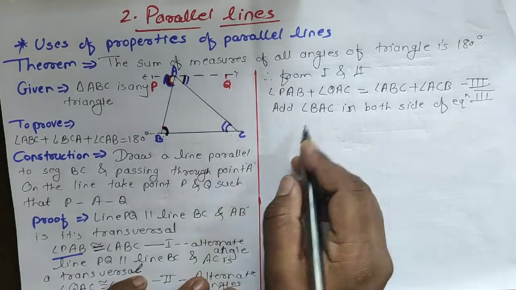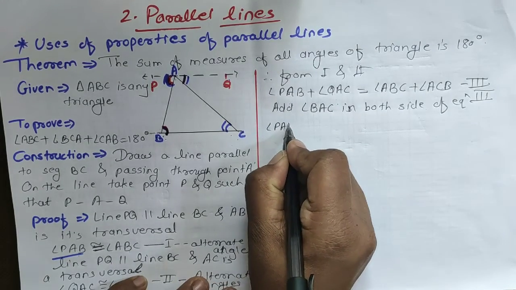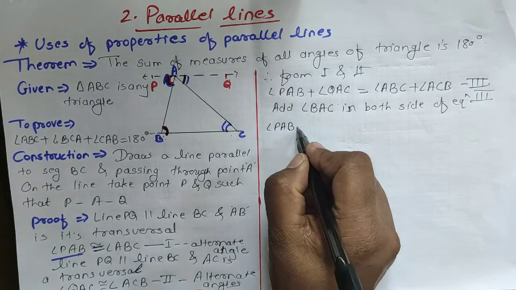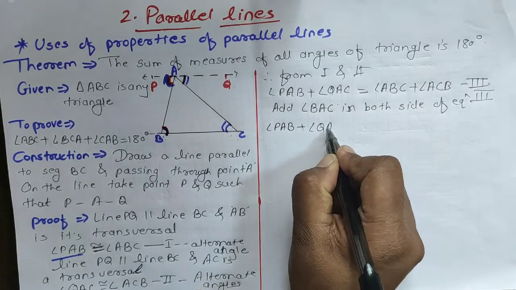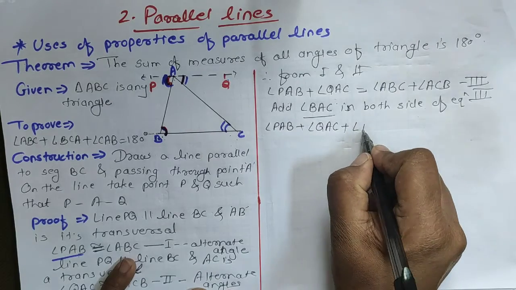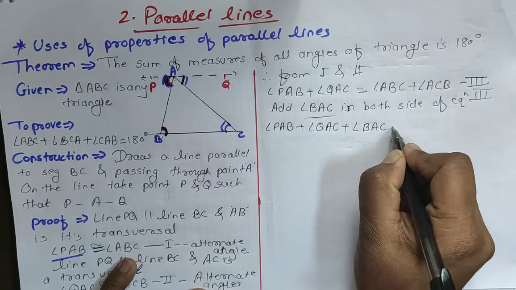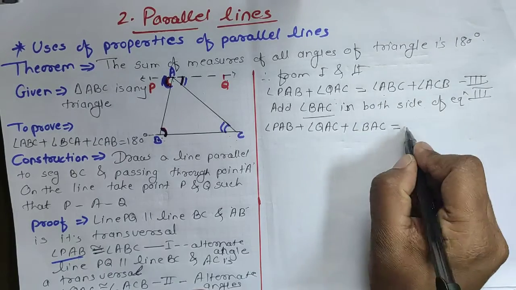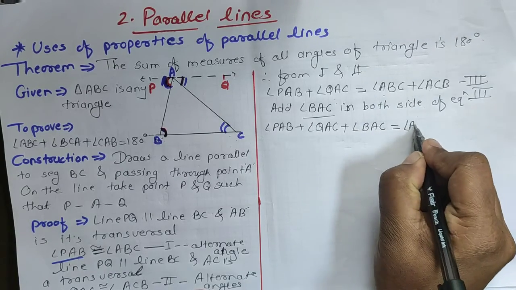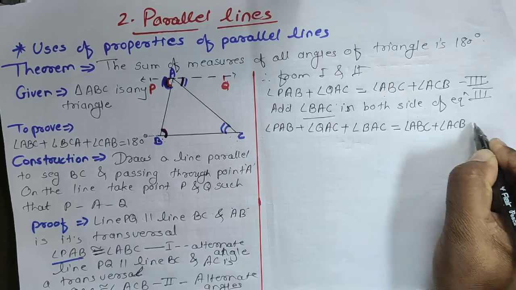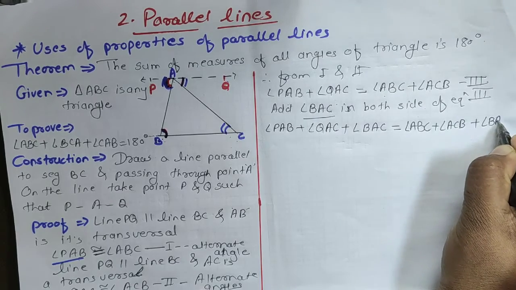So first of all I will write angle PAB plus angle QAC plus angle BAC is equal to angle ABC plus angle ACB plus angle BAC.